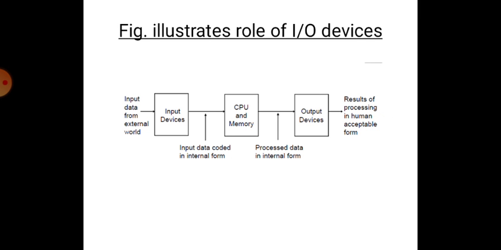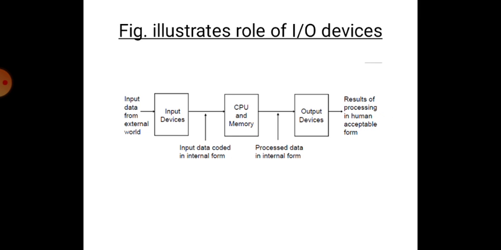Now in between input device and CPU memory, you find input data coded in the internal form, this is what is written, and between CPU and output device, processed data in internal form. So input is accepted from the environment by the input device, that is in the form of data, and it is converted into binary form as was studied earlier, and passed on to the primary memory.